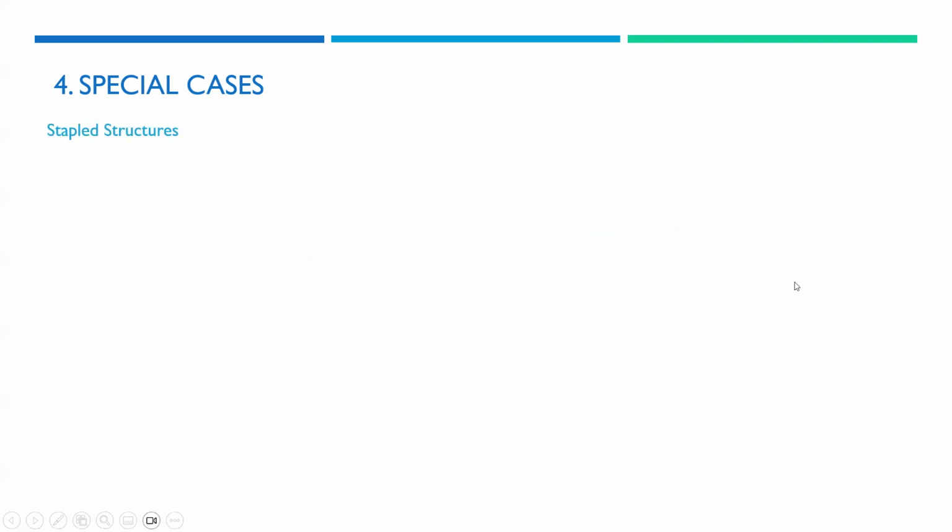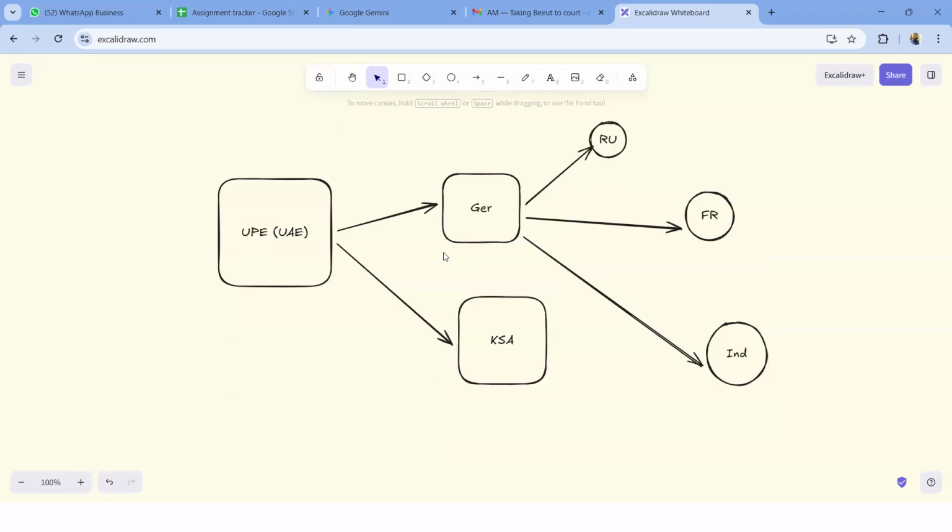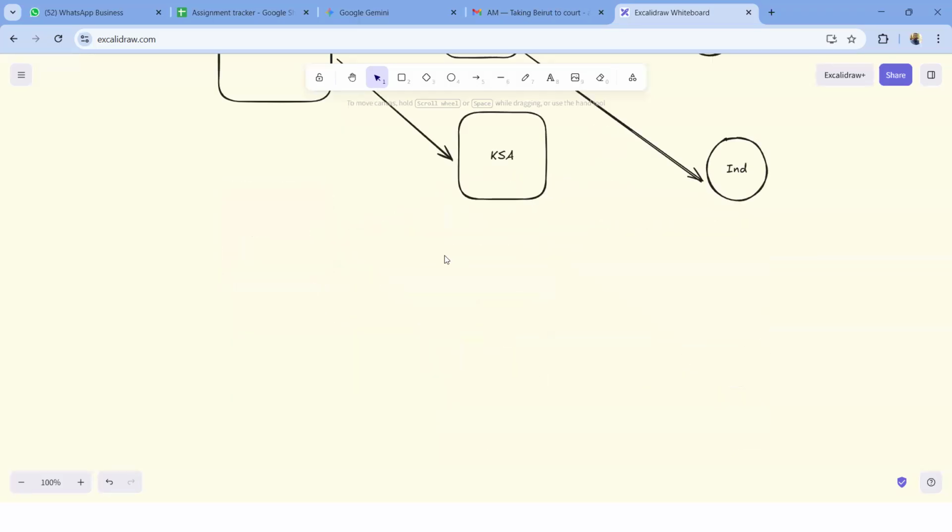Now, what about stapled structures? What is a stapled structure? Does anybody have heard of stapled structures? If not, we can move along. So stapled structures are something like this. These are generally two companies.